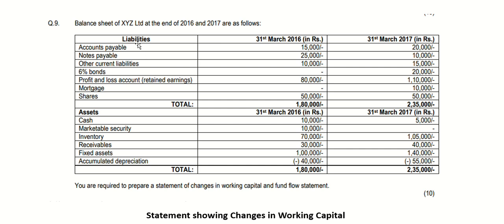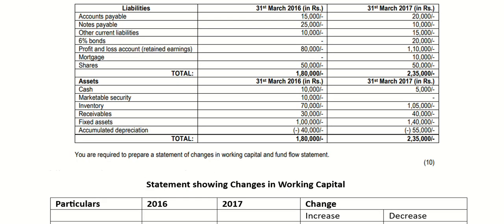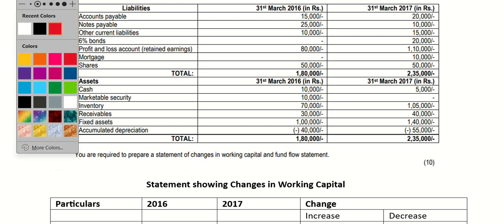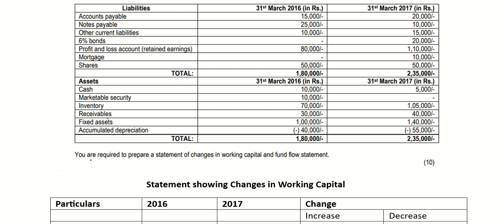The balance sheet is given, liability side here, asset side here, liabilities of 2016 and 2070, assets of 2016 and 2070. You are required to prepare a statement showing changes in working capital and a fund flow statement.